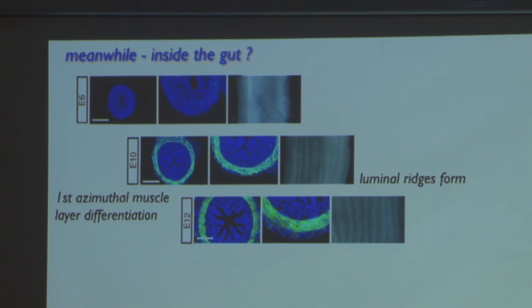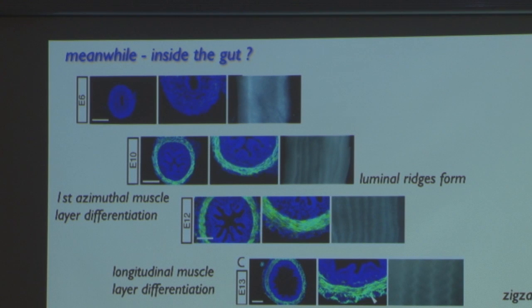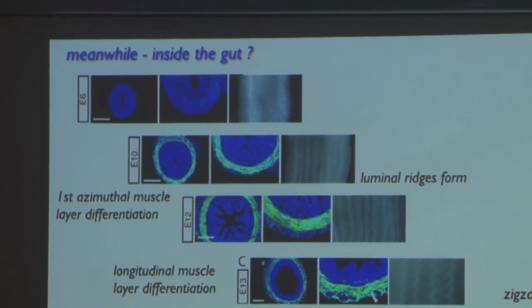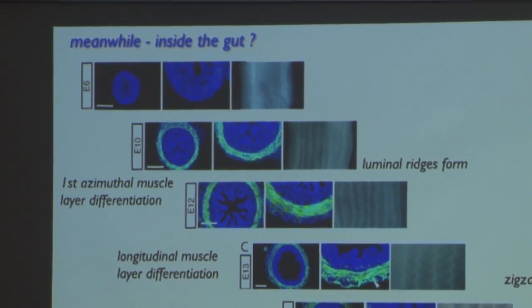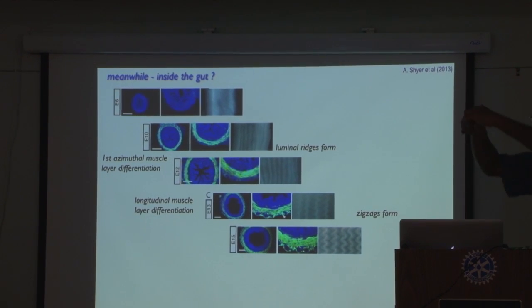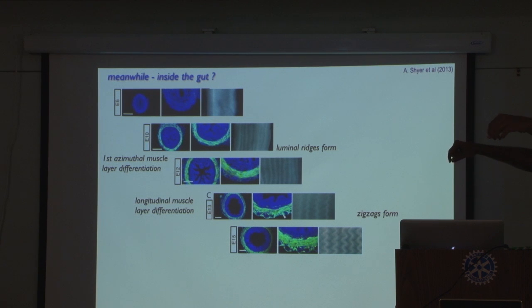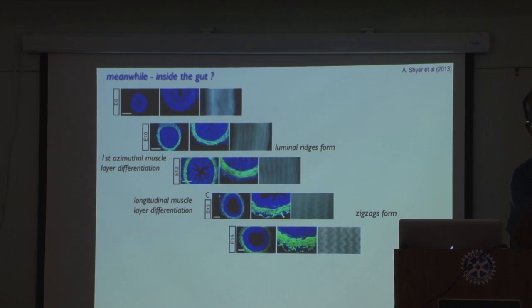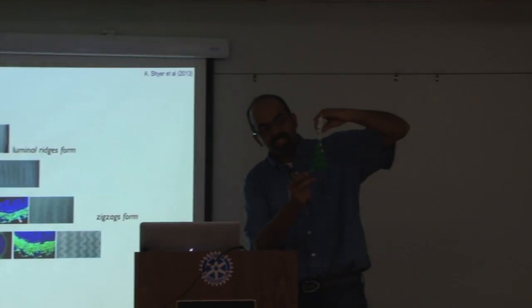So you form ridges. You wait a little longer, and in addition to forming muscles this way, you also form muscles that way. When you have these muscles forming that way, these ridges, think of them now as long lines, are squeezed in the other direction. And when they get squeezed, what do you see? You see this. I'm going to have to ask you to use your imagination.